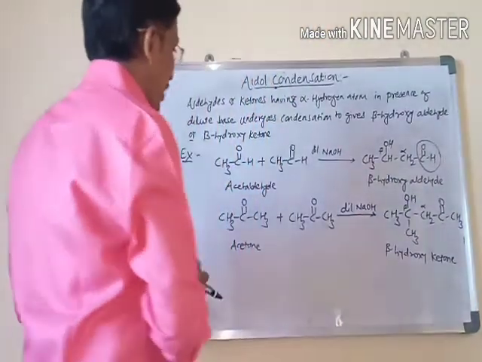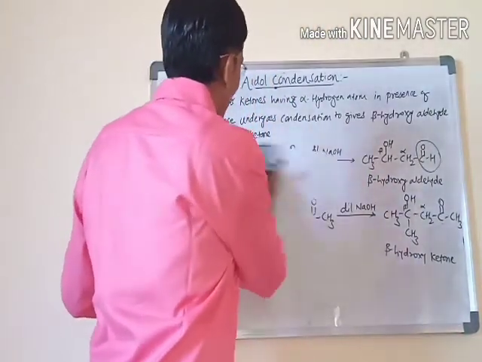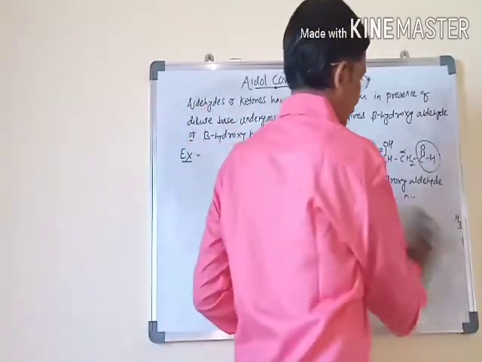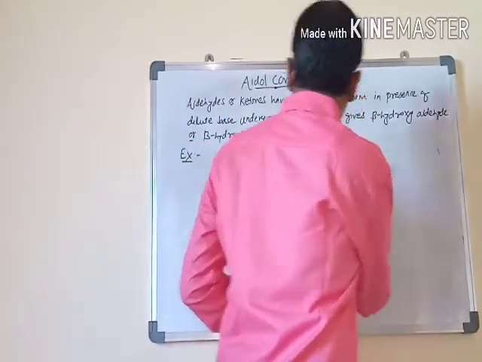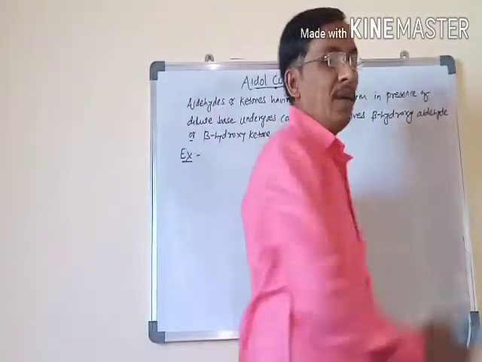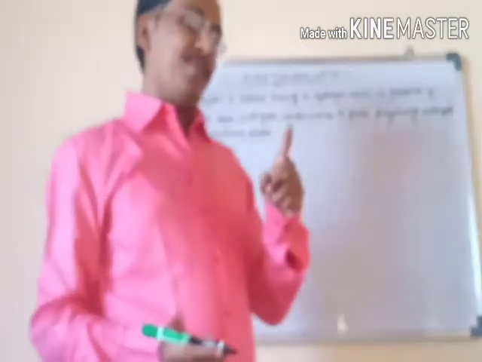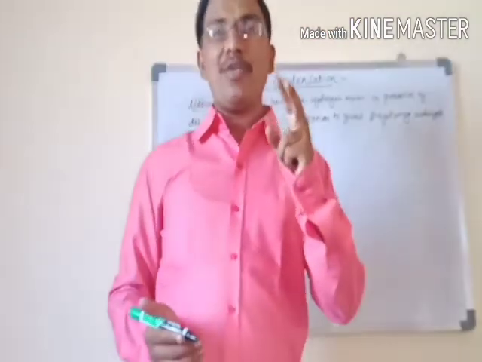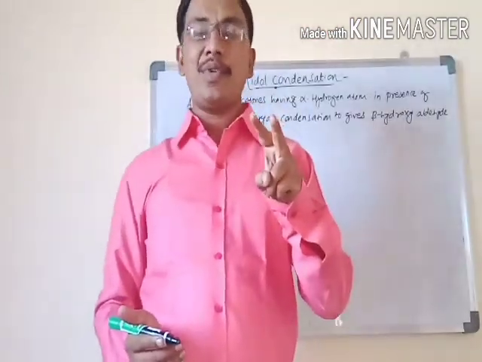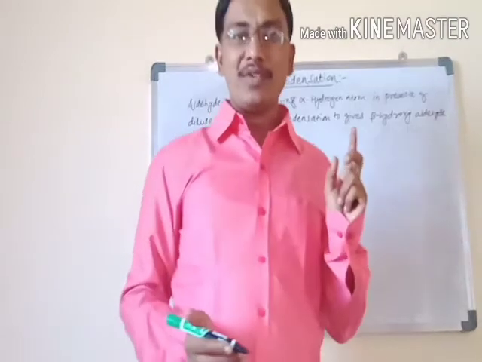Now we'll see the example of cross aldol condensation reaction, in which you can take two different molecules of aldehydes or ketones, but the necessary condition is that out of the two carbonyl compounds, one must contain an alpha hydrogen atom.